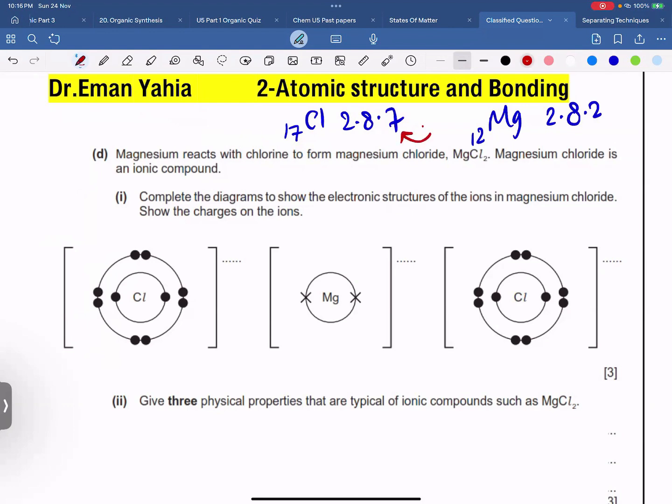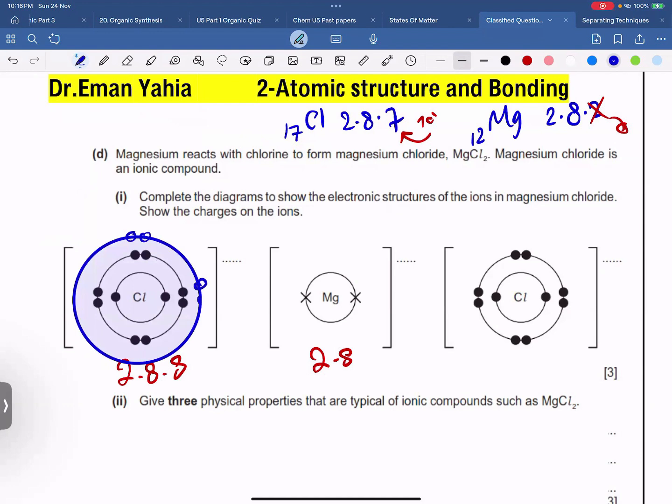Chlorine tends to gain 1 electron to have a full outer shell, and magnesium tends to lose 2 electrons to have a full outer shell. So now chlorine is going to be 2, 8, 8, and magnesium is going to be 2, 8. So draw one more shell: 1, 2, 3, 4, 5, 6, 7, 8. It will have a cross and carry -1 because chlorine accepts 1 electron from magnesium, and another chlorine with -1, and draw 1 shell.